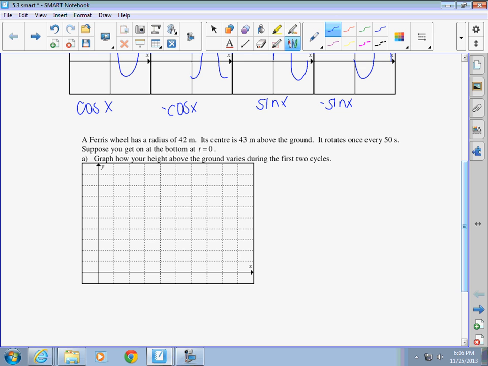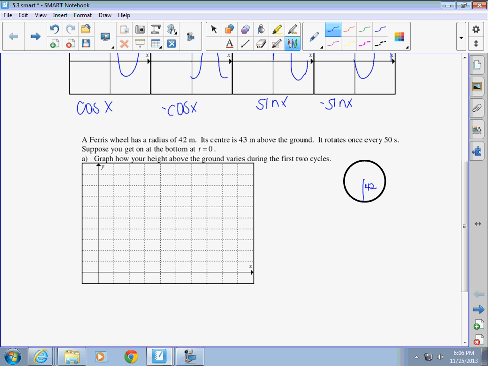So the first thing you want to do is draw this, and you have to think about what it looks like on a Ferris wheel. So if you were just to draw a simple looking Ferris wheel, I'm just going to draw a circle. On my circle here, starting at the middle, it says that it has a radius of 42 meters.